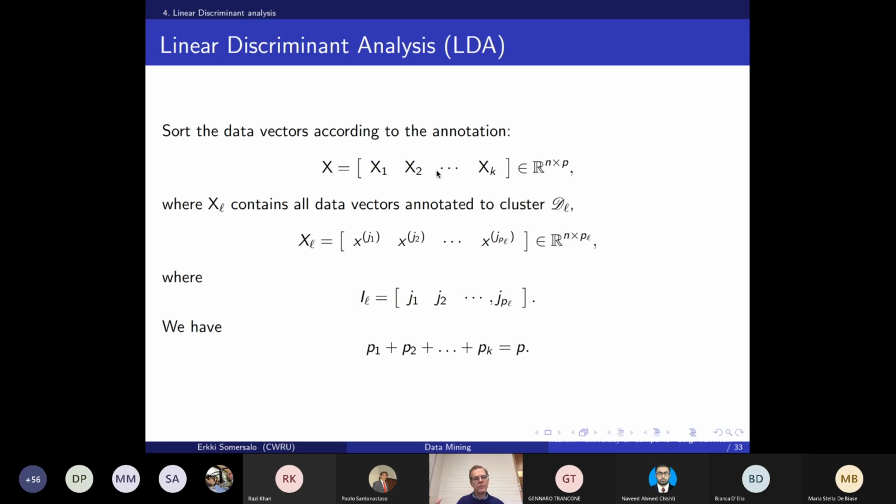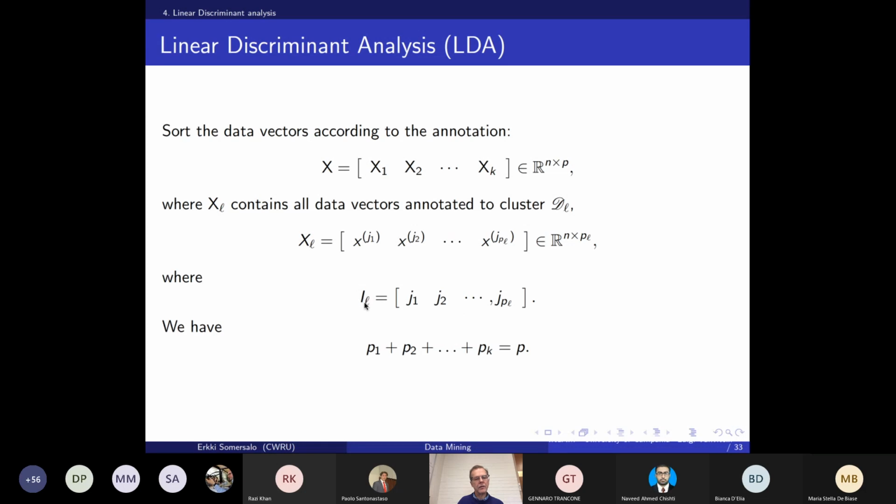But using a permutation, I organize so that first comes the data corresponding to annotation 1, and then data corresponding to annotation 2, etc. So X_L in general is x_j1, x_j2, etc., x_jp, where these indices j1, j2, jp_L are pointers to vectors that belong to the lth class.